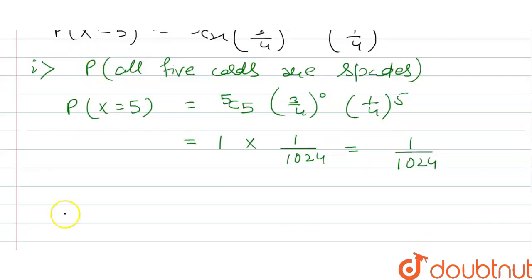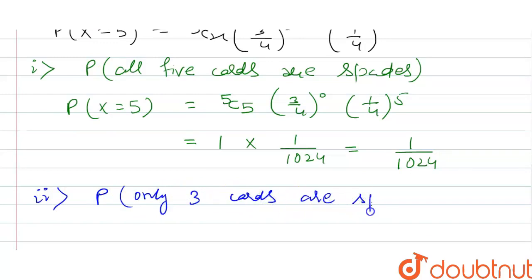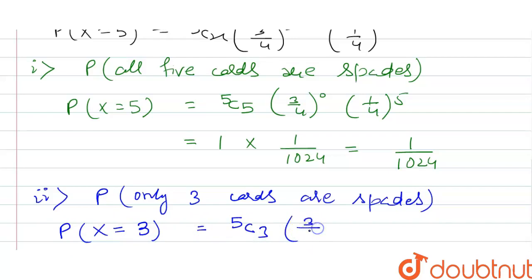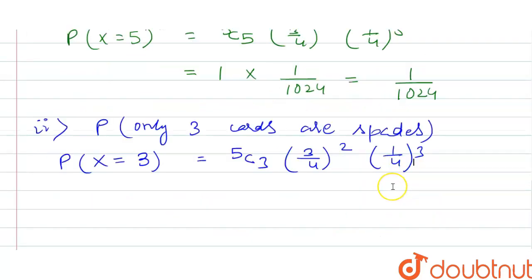Now we are moving to the second part of the question, which says only 3 cards are spades. Then X equals 3. It follows 5C3 (3 by 4) to the power 2 and (1 by 4) to the power 3. 5C3 is 10.